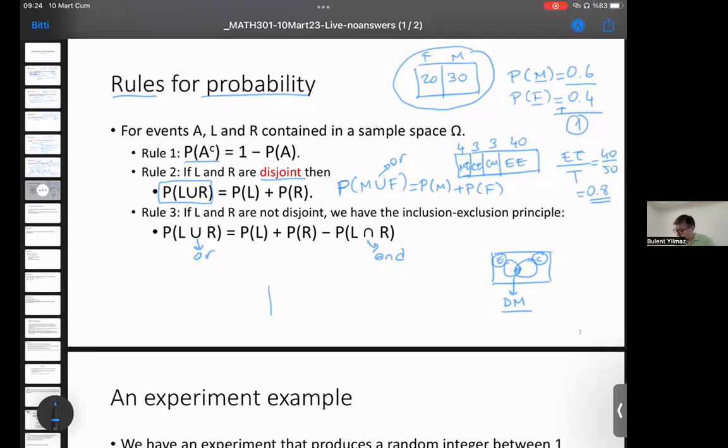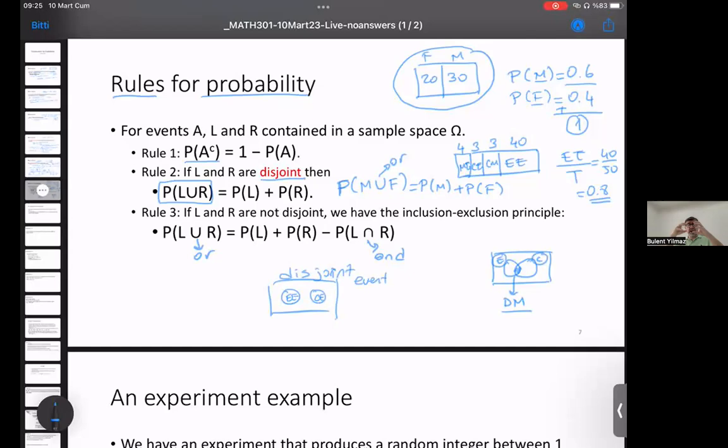If I have electrical engineering and civil engineering, EE and CE, there is no overlap, there is no person doing a double major in both departments. Then these are disjoint events.